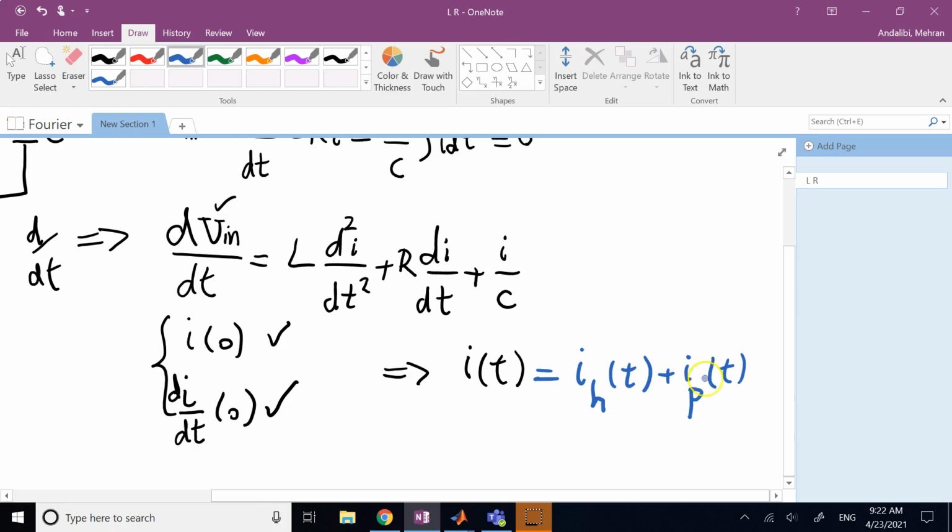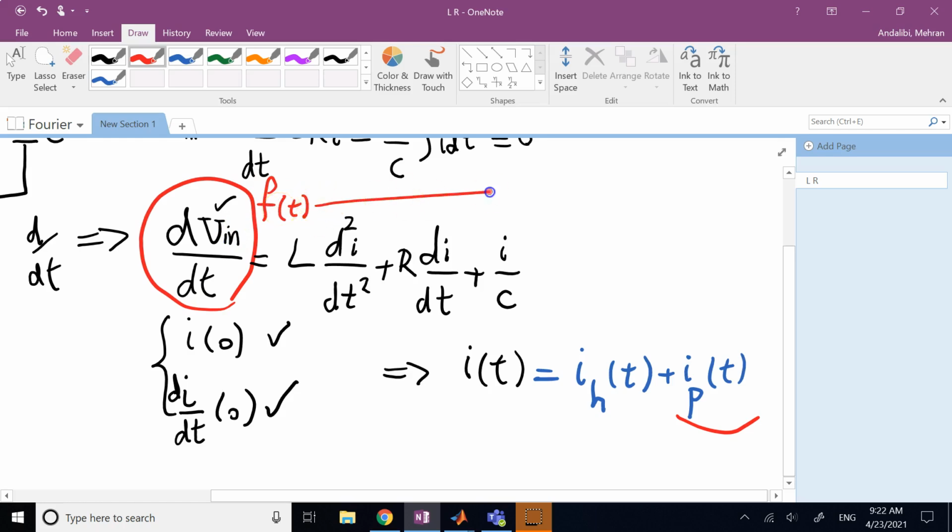Okay, now for the particular solution, the form of this particular solution does depend on what? On this function. Now, let's call this function f of t.